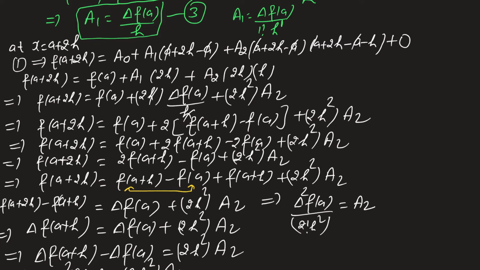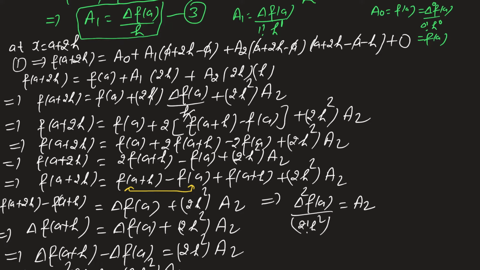And similarly a0 is f(a), which is nothing but the 0 order forward operator, and it could be written with 0 factorial and h⁰. So this will again be f(a).